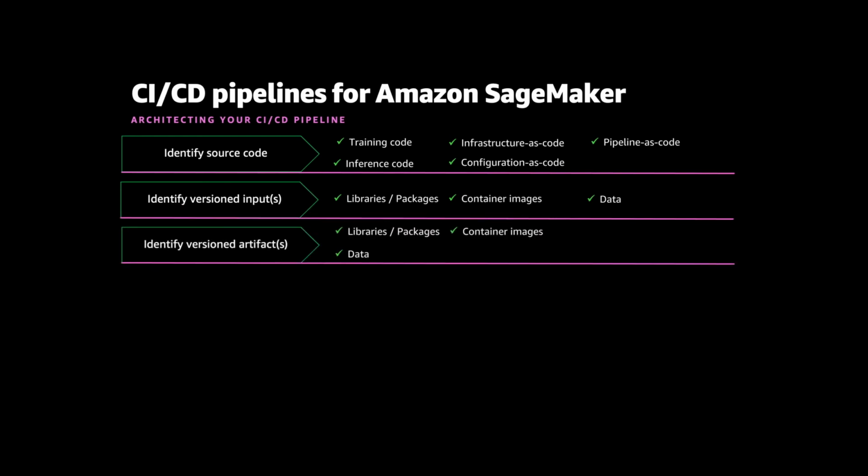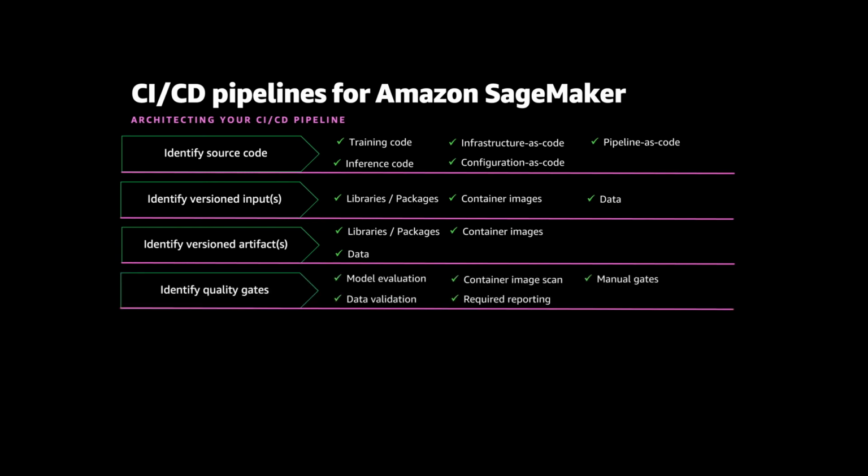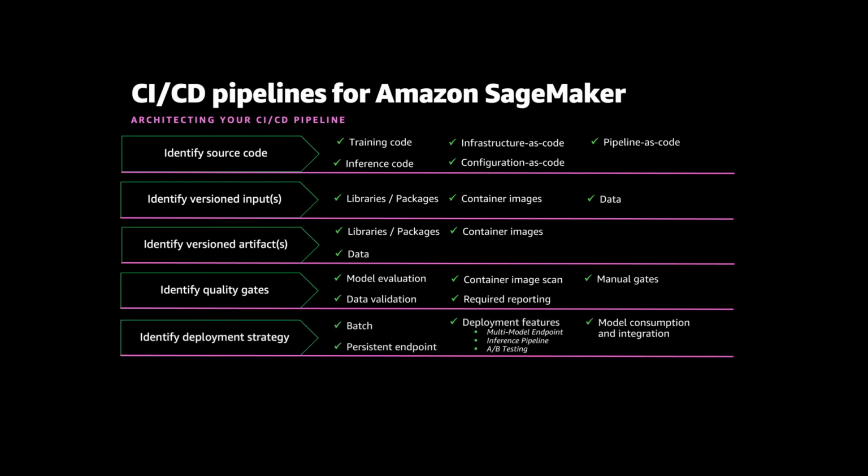And these are the things you should be considering: how to identify the source code version, input versions, artifact versions. What would be your quality gates to determine if you should be moving forward or not, and the deployment strategy. So, will I be doing batch processing?